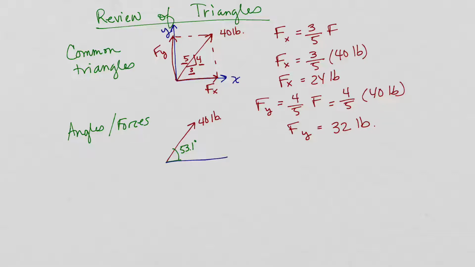And that's the x and the y-axis. And we're interested again in resolving that force. So we want to know what F of x is, and we want to know what F of y is.